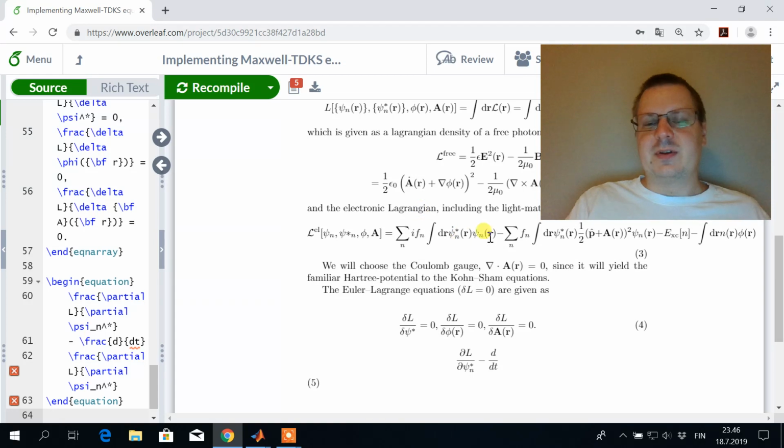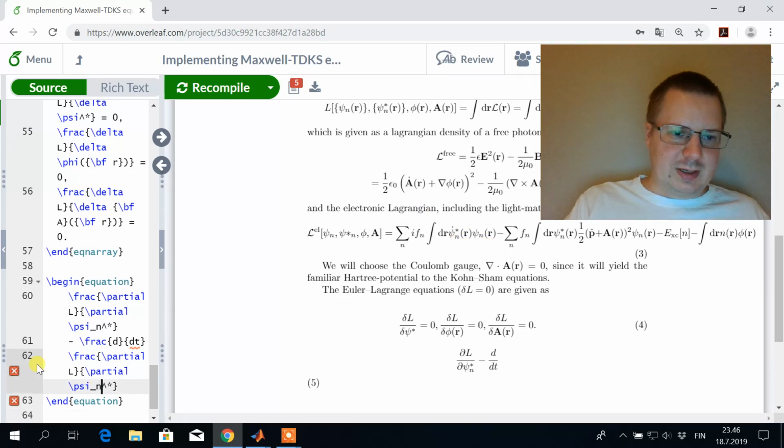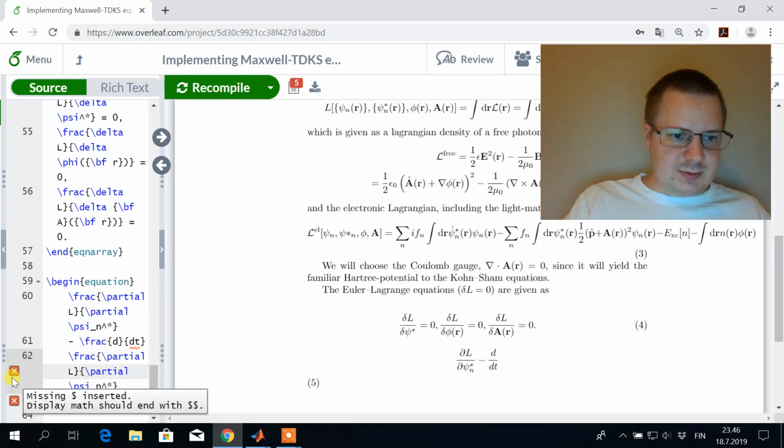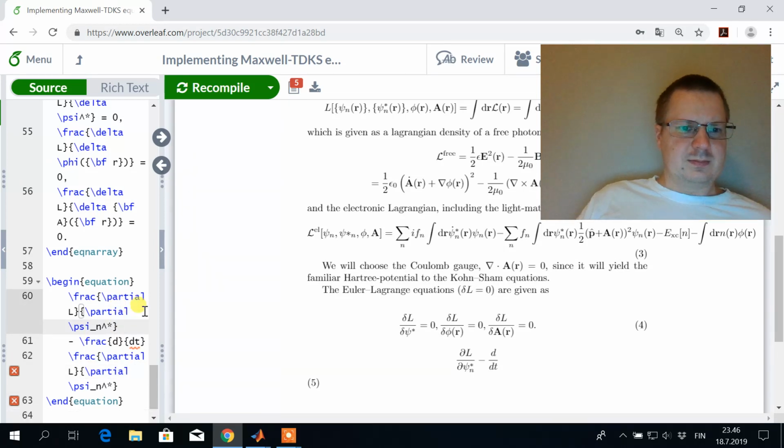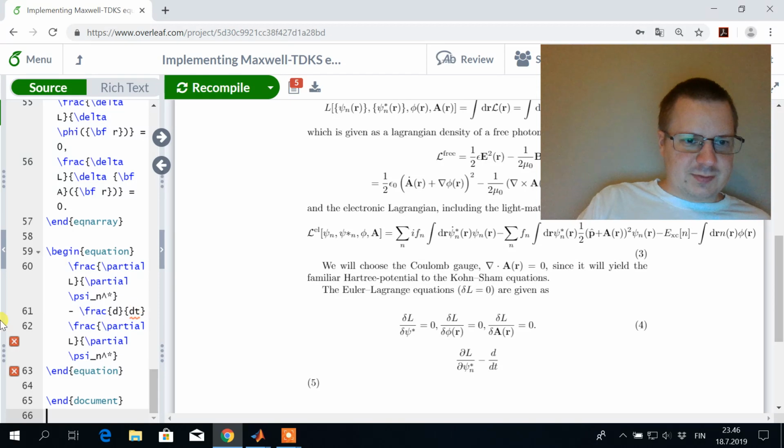There's some degree of freedom in how you choose this one, so I'm using the easiest possible way, I think. So what's wrong? Partial L, partial psi star, dt psi star partial. I cannot figure out what is wrong.